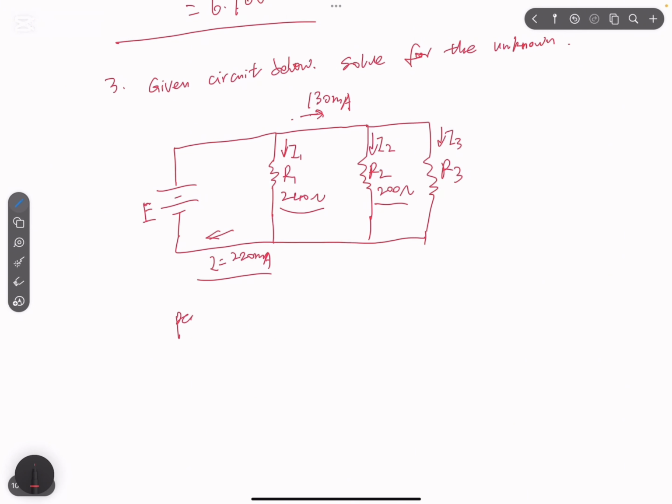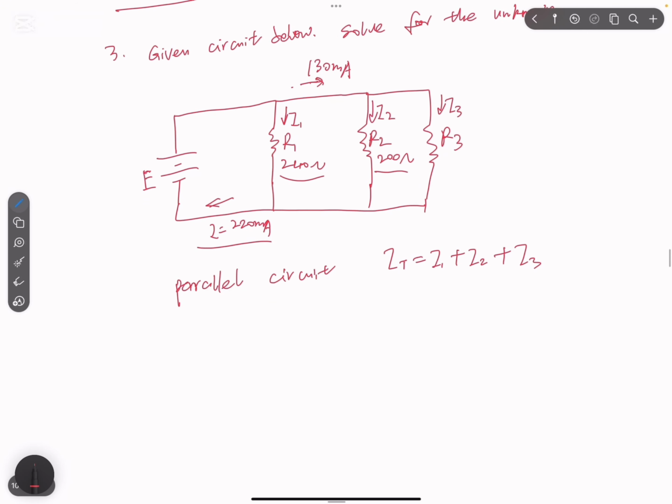This is a parallel circuit. So IT equals I1 plus I2 plus I3. On the diagram, we have the current I23, which is I2 plus I3. IT is 220 milliamps, and I2 plus I3 is 130 milliamps.